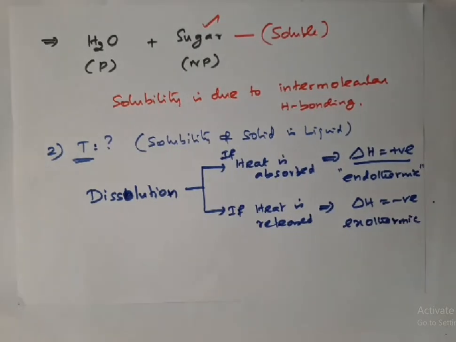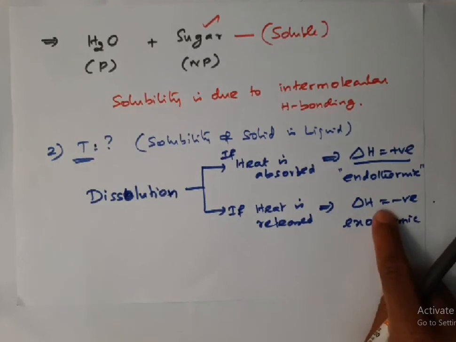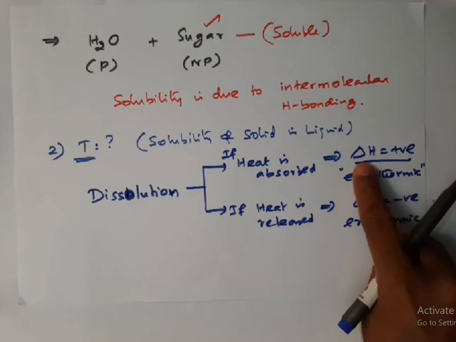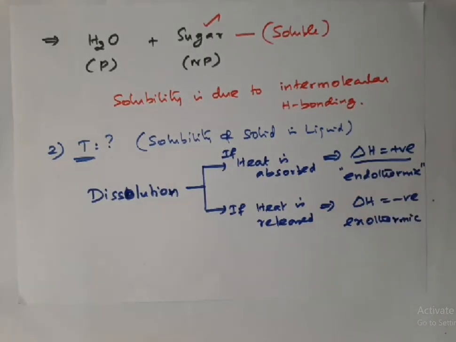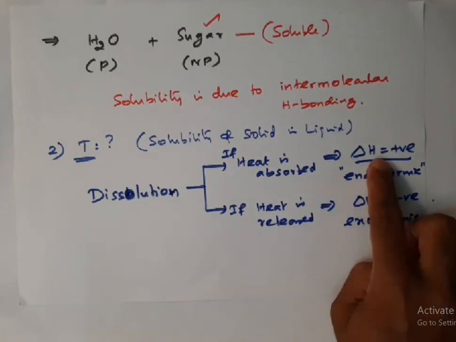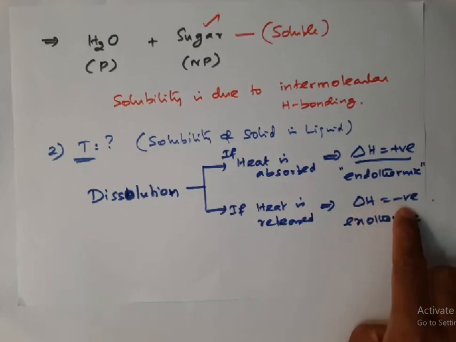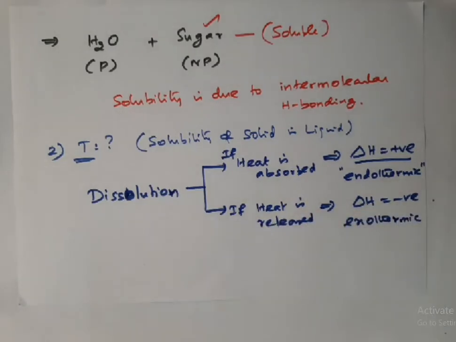Exothermic means delta H is negative. Endothermic means delta H is positive. Delta H means change in enthalpy, the change in enthalpy of solution. It is positive if heat is absorbed and negative if heat is released.